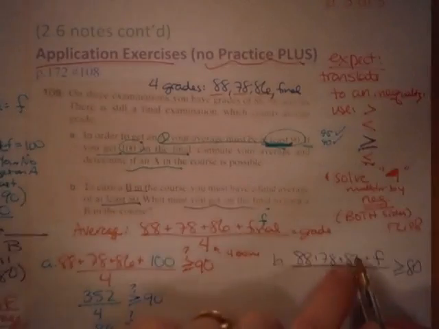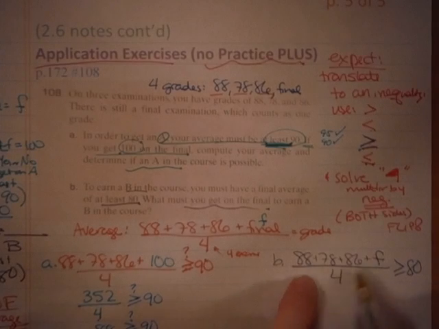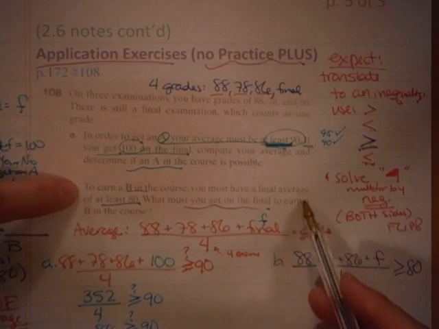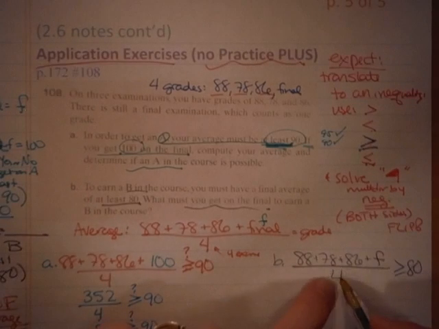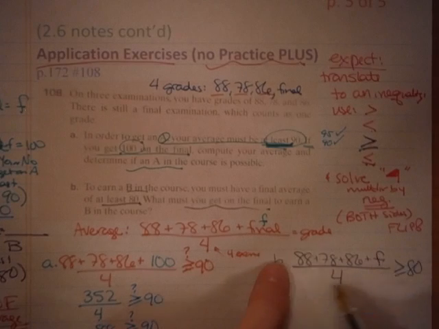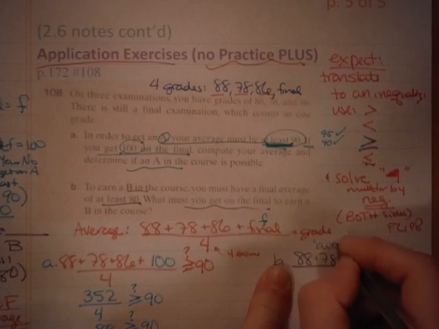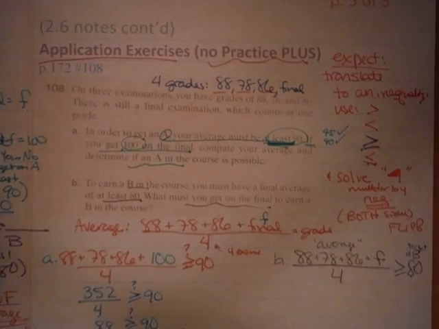I take the 3 grades I've already gotten plus my final. I find the average of those 4 because they told us that it would be an average. You must have a final average of at least 80. So 4 exams, the 3 already taken plus the final. This will give me my average. To get a B, I need to be greater than or equal to 80 at that point. Okay, so there's the setup.